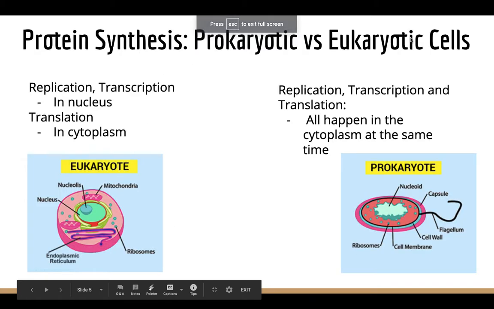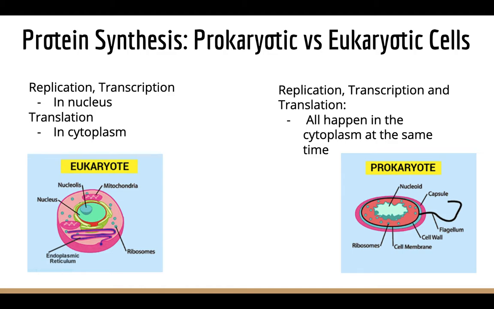Okay, so protein synthesis is slightly different depending on if the organism is a eukaryote or prokaryote. In other words, if the cell is prokaryotic or eukaryotic. Now, eukaryotic cells or eukaryotic organisms are a lot more complex. Eukaryotic cells have a lot more organelles. They do have a nucleus.